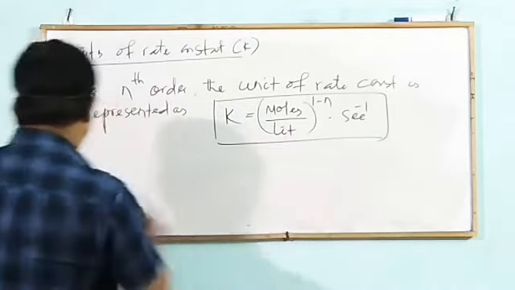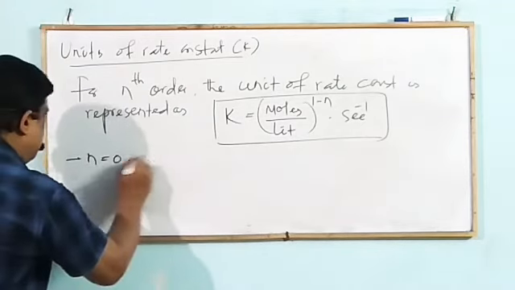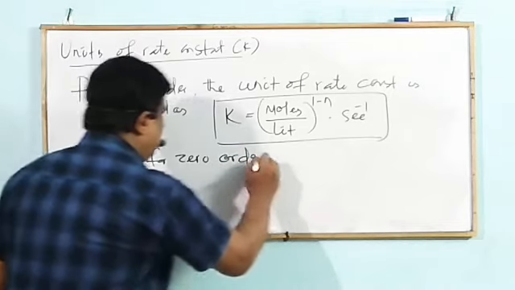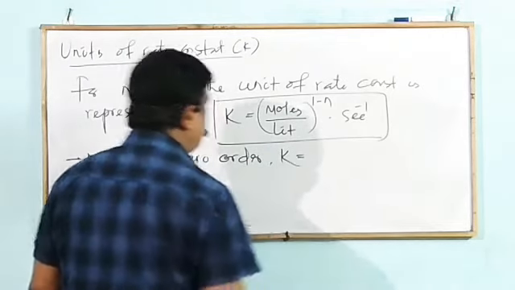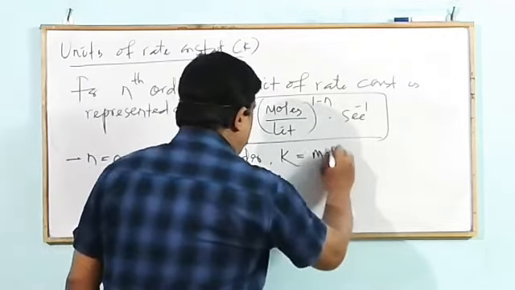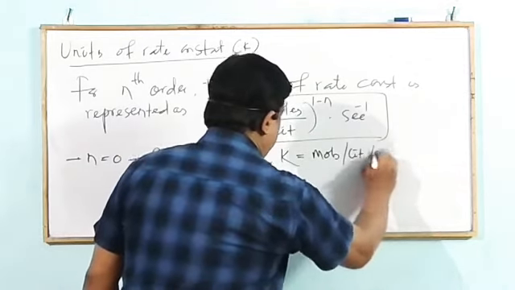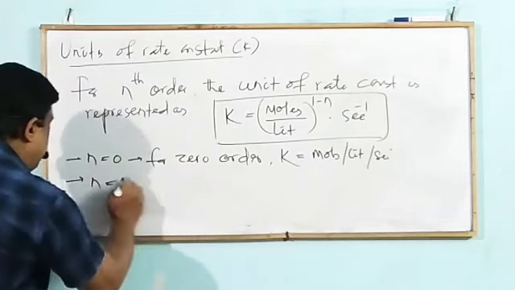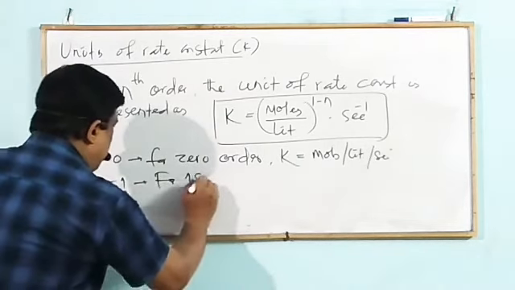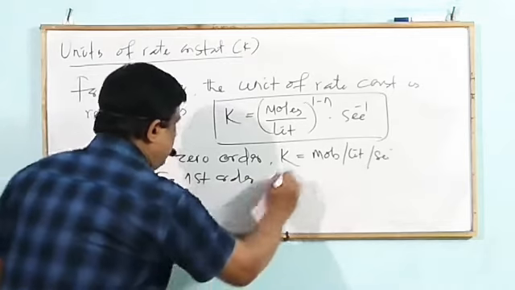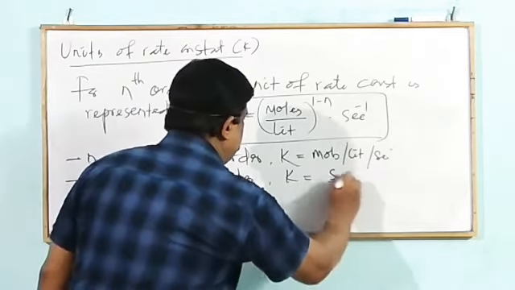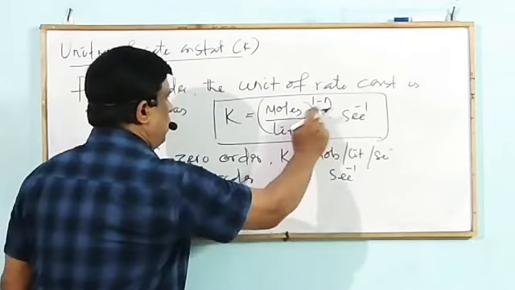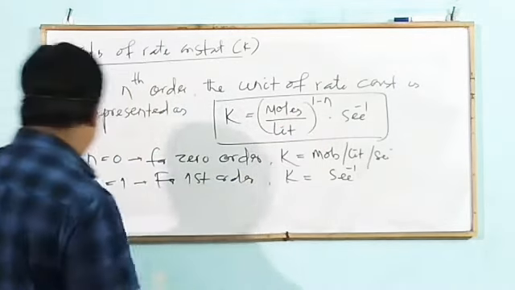So by putting n is equal to 0, that is for zero order, mark that, the unit of K is equal to moles per liter per second. Then n is equal to 1, that is for first order reaction, the unit of K is equal to second inverse, because here 1 minus 1 is 0, and everything to the power 0 is equal to 1.